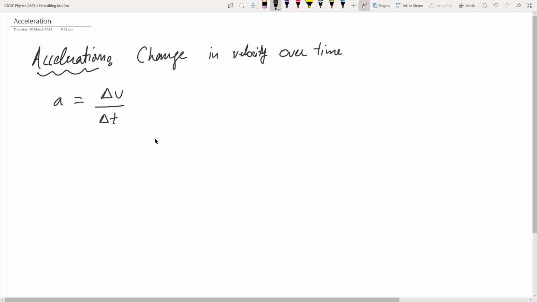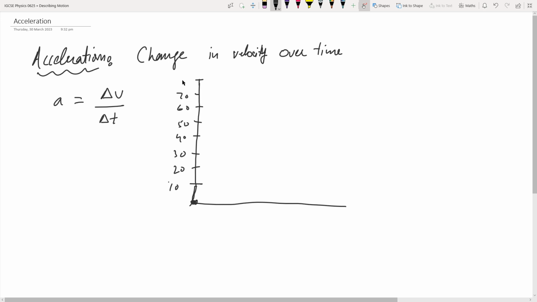So instead of just doing an object, let's draw a graph. If you remember, we had this graph in which we had 10, 20, 30, 40, 50, 60, 70, and let's draw it here as well, 80.